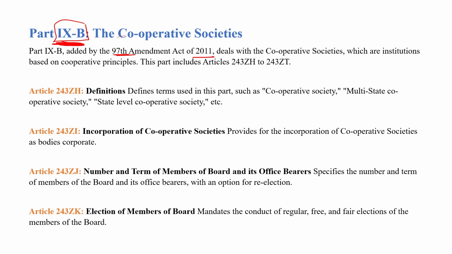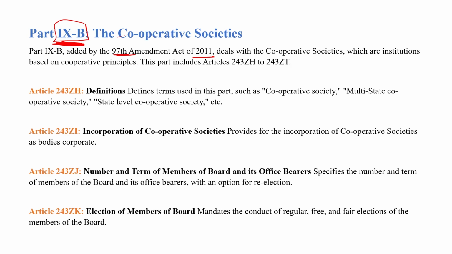Basically, a cooperative society is a voluntary association of individuals having common needs who join hands for the achievement of common economic interest. The major aim of cooperative societies is to serve the interest of the poorest section of society through the principle of self-help and mutual help.